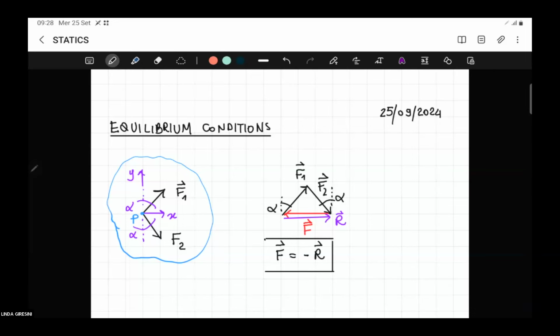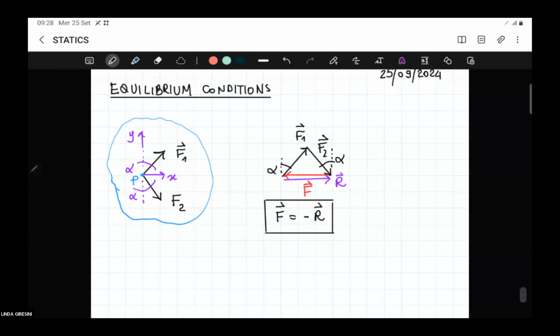We got it from a simple graphical construction. If we want to obtain the same result, of course, it will be the same result with an analytical approach. So this is the geometrical approach.